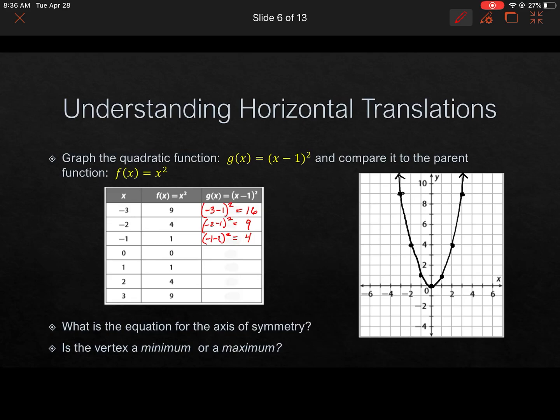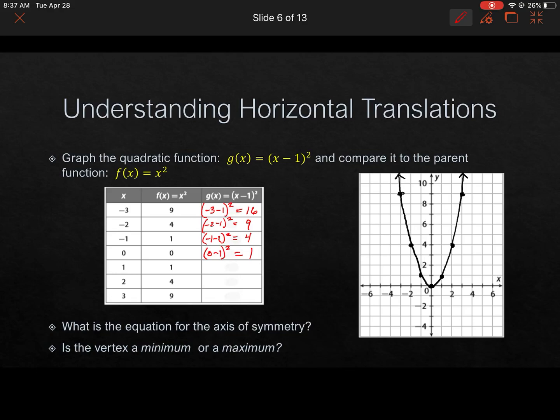This is my vertex. So the vertex is going to be 0 minus 1 squared. And you'll see, because I'm squaring it, that becomes a positive. So this is actually going to shift it to the right in the positive direction, even though it's a minus 1. And then, of course, we start seeing a repeat or a mirroring from the axis of symmetry.